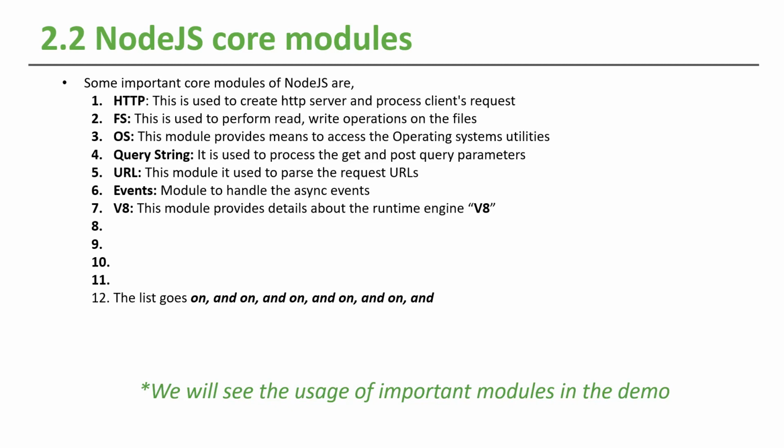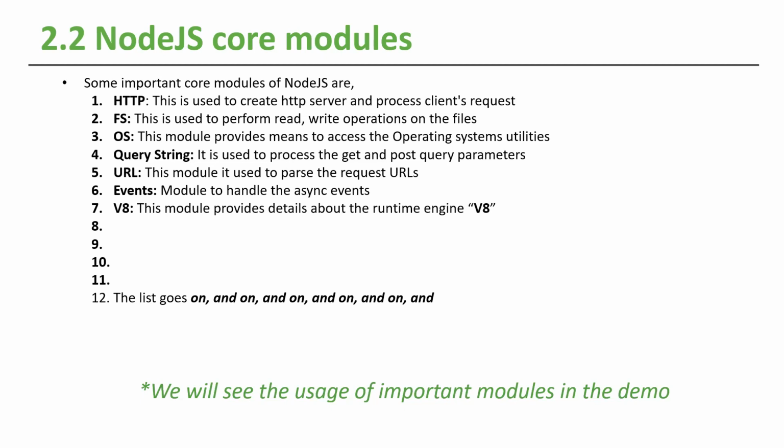And the events module: there are certain events in Node.js. Whenever that event is triggered, we can run a function. Suppose we get data from the user to the server, right? There's an event called on data. Each time, the data is received by the backend in chunks.